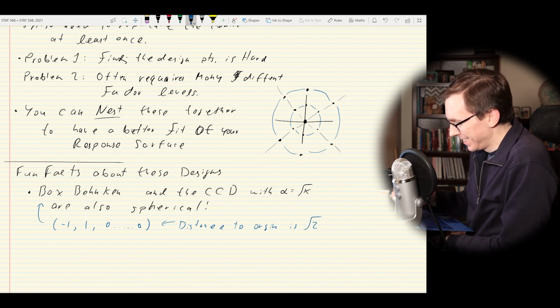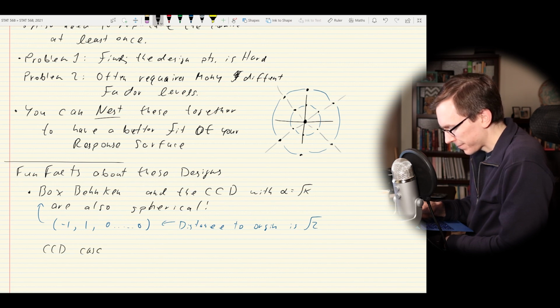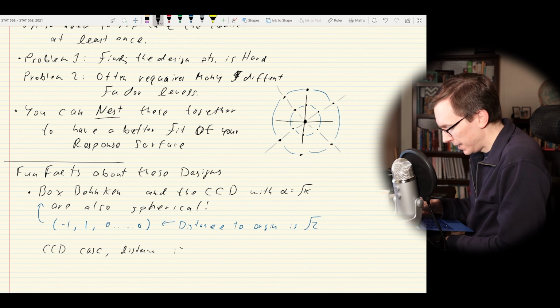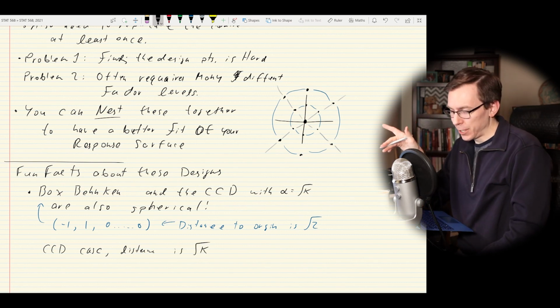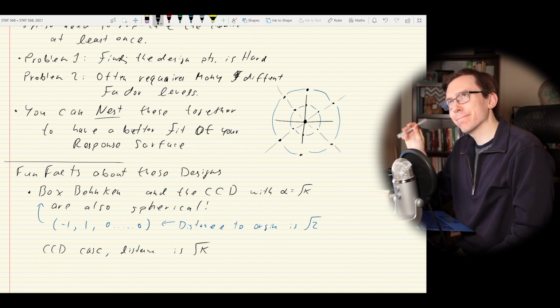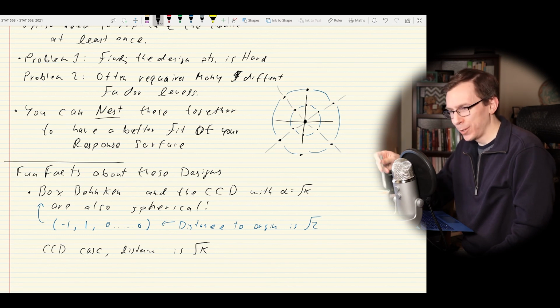In the CCD case, the distance to the origin is root k. So it does change a little bit. If we had more factors, say a Box-Behnken with 2 to the 3 or 2 to the 4, then you would have a square root 2 or a square root 4 distance to the origin.